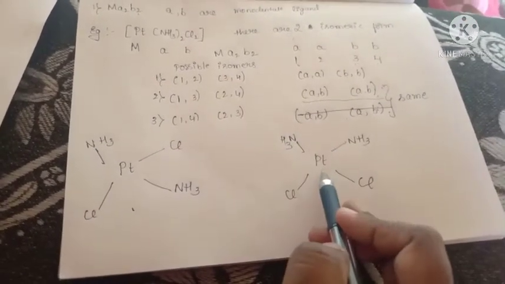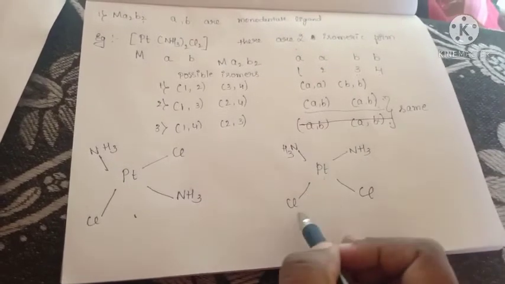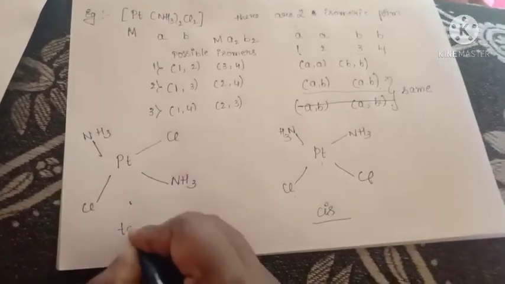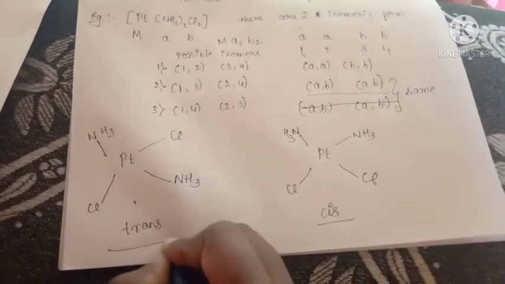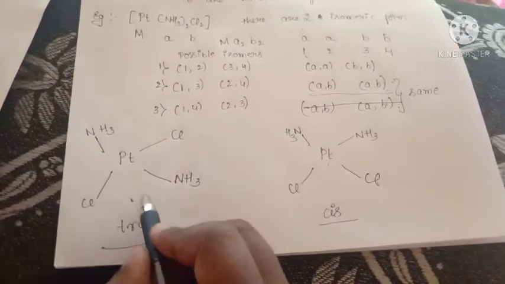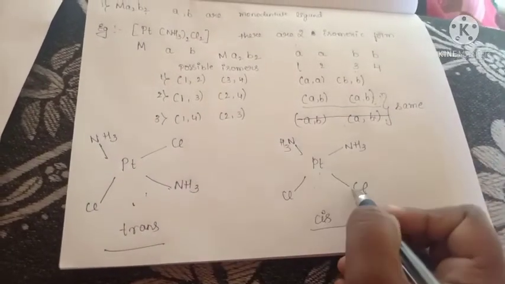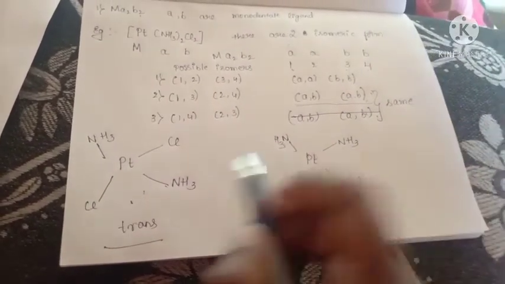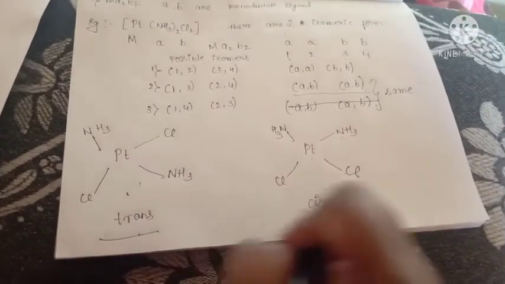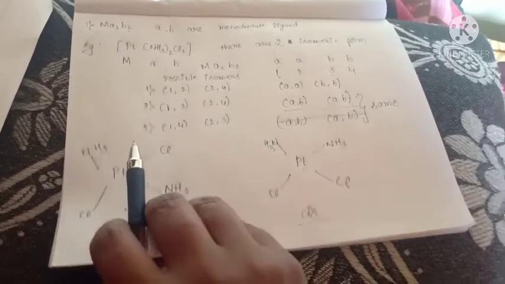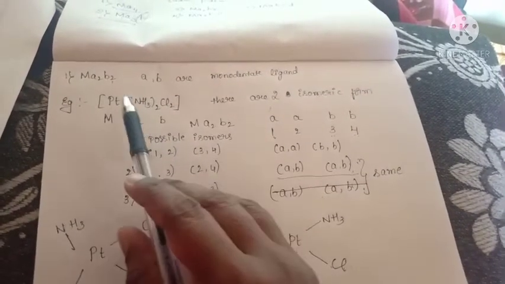Here this is the cis isomer because the ligands are on the same side. Got the point? Here the ligands are on opposite sides, here the ligands are on the same side. So this is called the trans isomer, this is called the cis isomer. This is about the type Ma2B2.